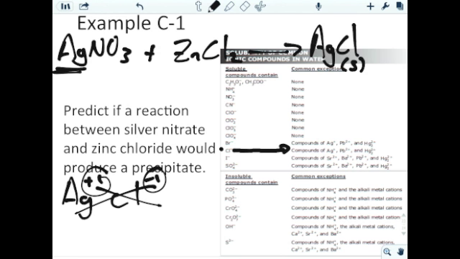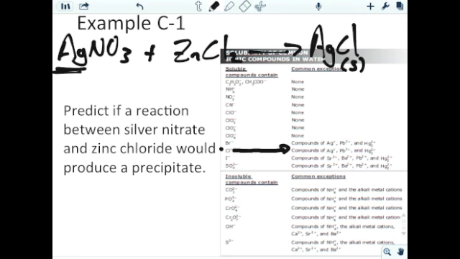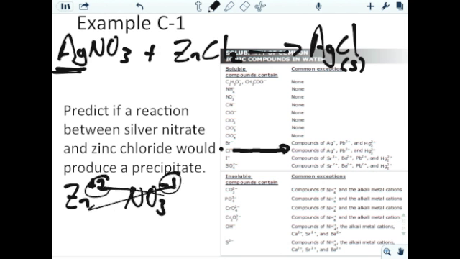So that is a precipitate. The other thing that we could possibly have, let's see what zinc does. Zinc, which is +2, is bonded to nitrate, -1, crisscross, and we get Zn(NO3)2. That's our other compound. So those are the two that we have.